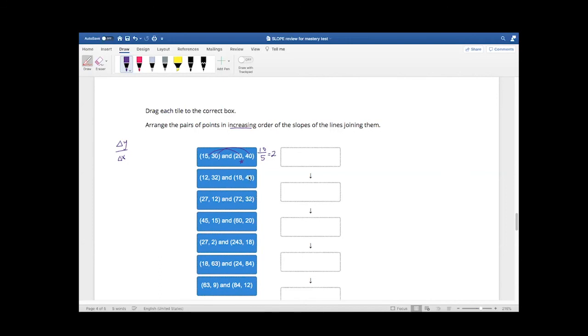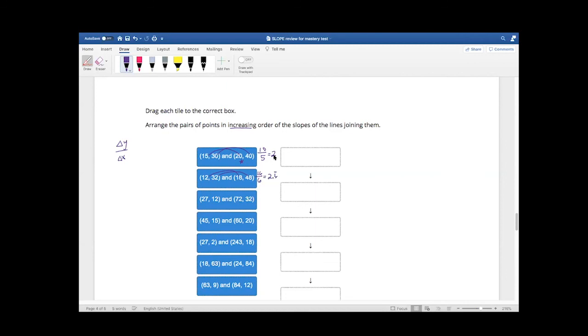All right, we can do that same thing. My change in my y values. So 48 minus 32 would be 16. My change in x values, 18 minus 12 is 6. And that comes out to a decimal of about 2.6 repeating.